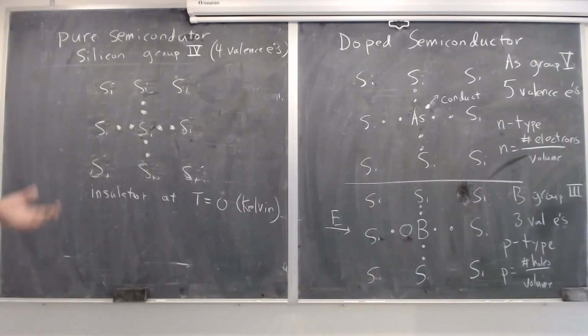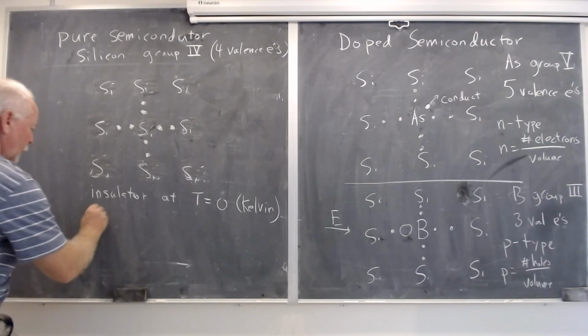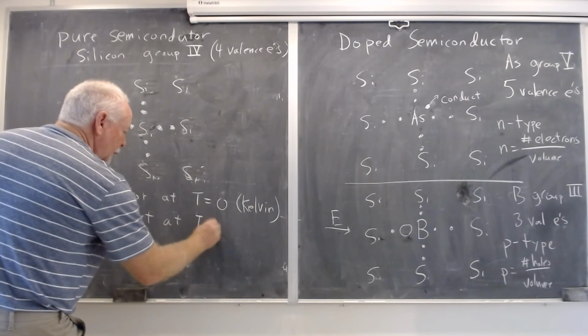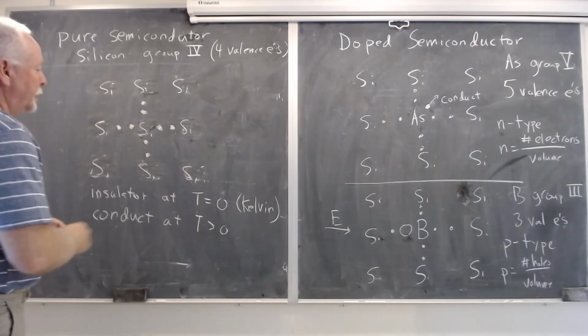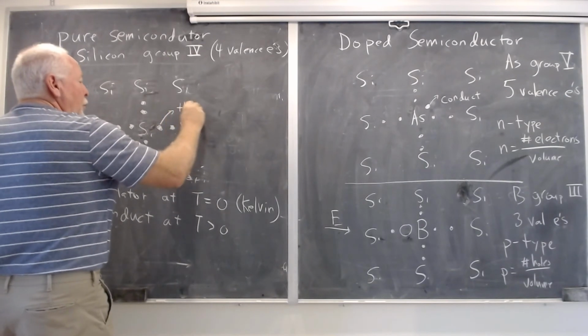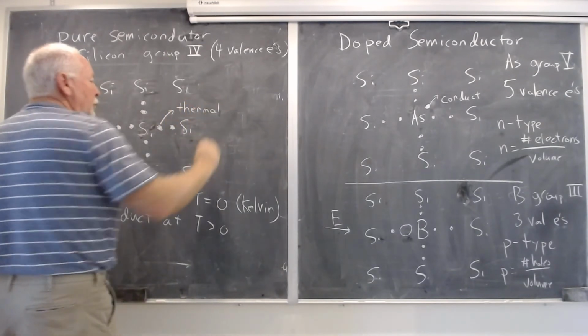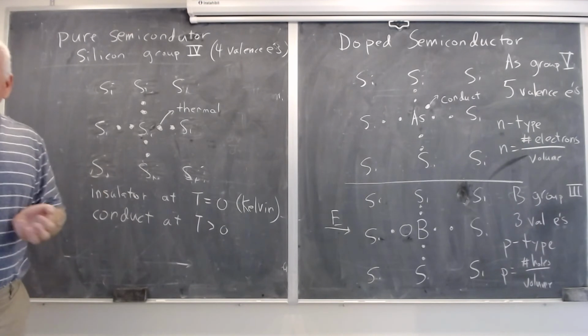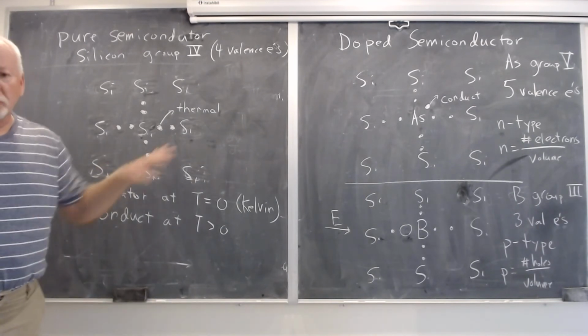Now, what does happen is that it does conduct at T greater than 0, like at room temperature, and it does so because one of those valence electrons can gain enough thermal energy to rip off of its bond.